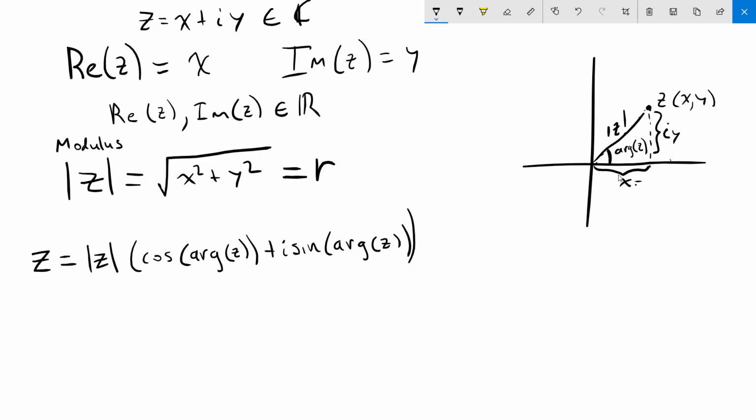So here we have x is equal to modulus of z cosine of argument. And the same thing can be said here. Forget the i for a second, because we're just going to pretend it's a coordinate in R2. So the y here can be shown trigonometrically as being modulus of z sine of argument.